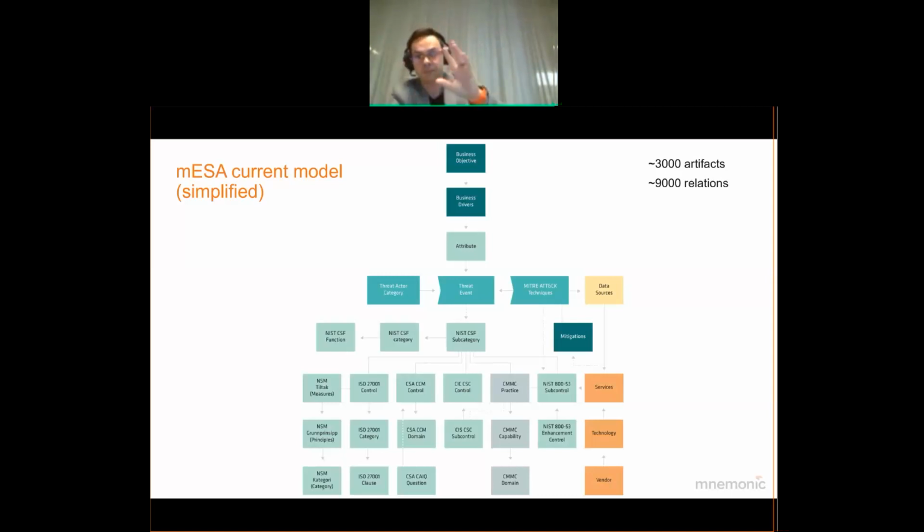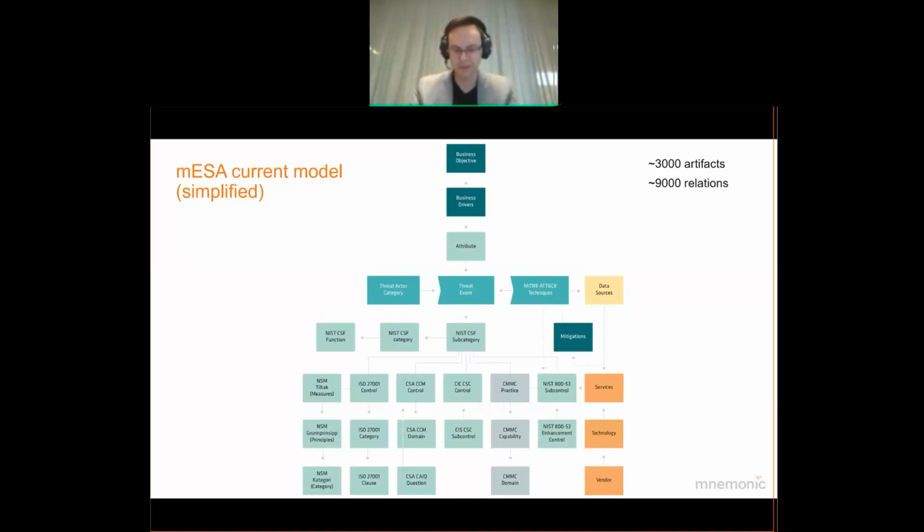Of course, you probably know it well. Subcategories map to categories, and categories are grouped further into the functions that we are used to hearing all the time: identify, protect, detect, respond, and recover.